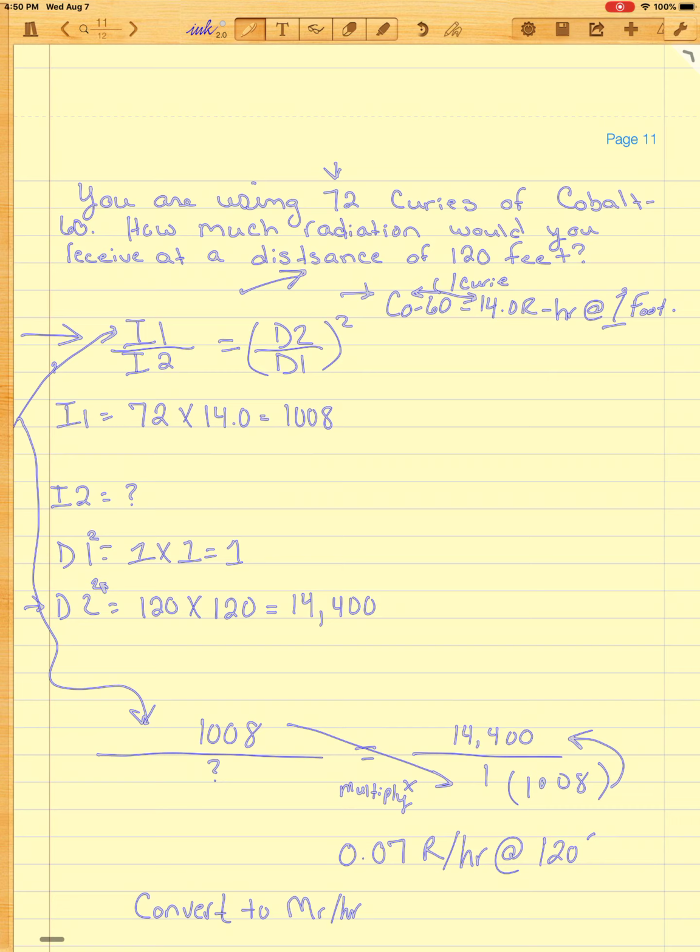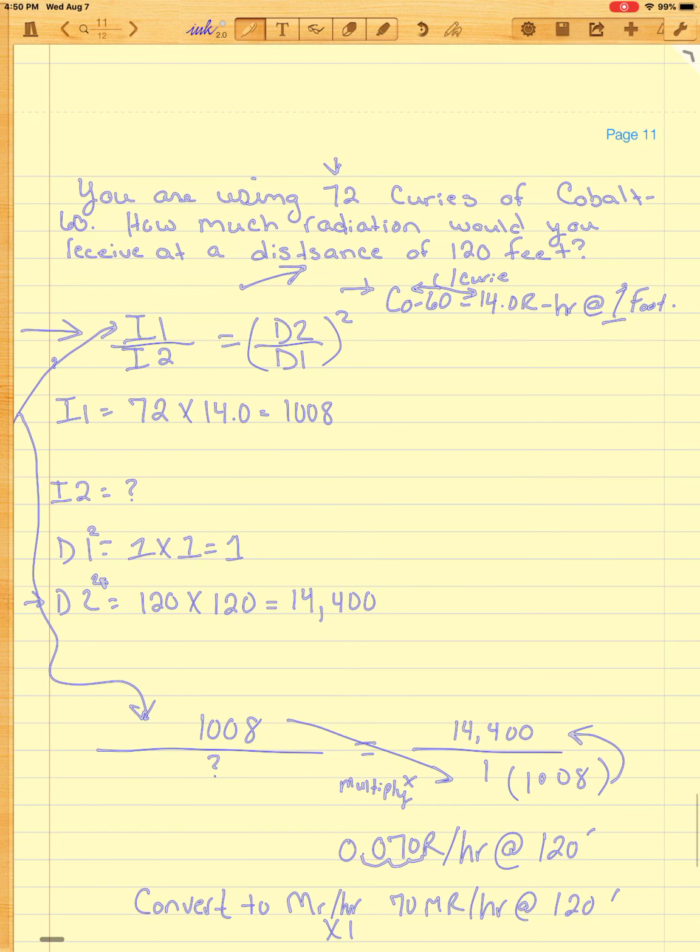All you have to do is move this decimal 3 places, and your new answer would be 70 MR per hour at 120 feet. You can also simply multiply times 1,000, and you'll get the same answer.